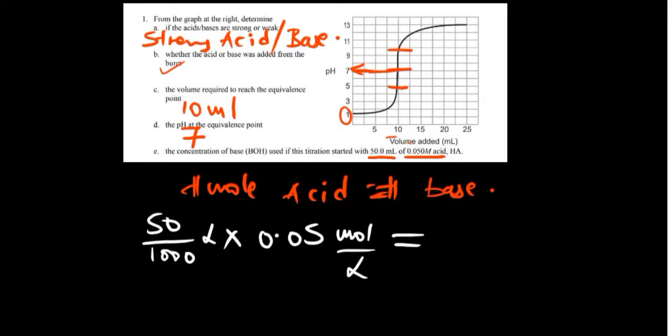And for our base, what information have we been given? From our diagram, we noticed that we had 10 milliliters as the volume at the equivalence point. Of course, you'd want to divide that by 1000 as well. So that is 10 over 1000, which is in liters, multiplied by the concentration that you're trying to find.